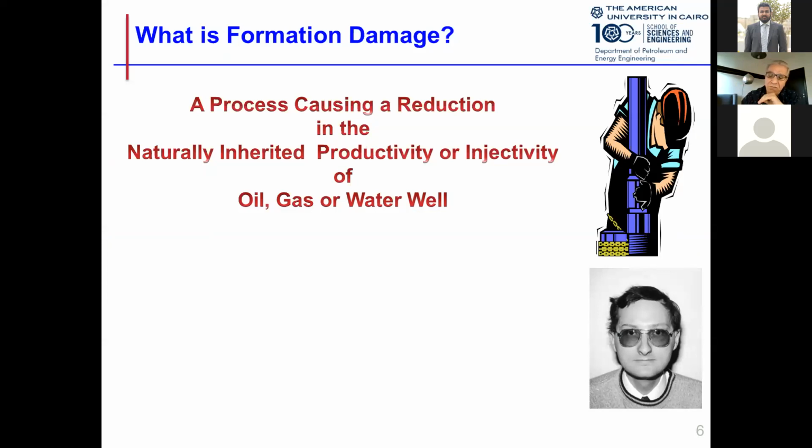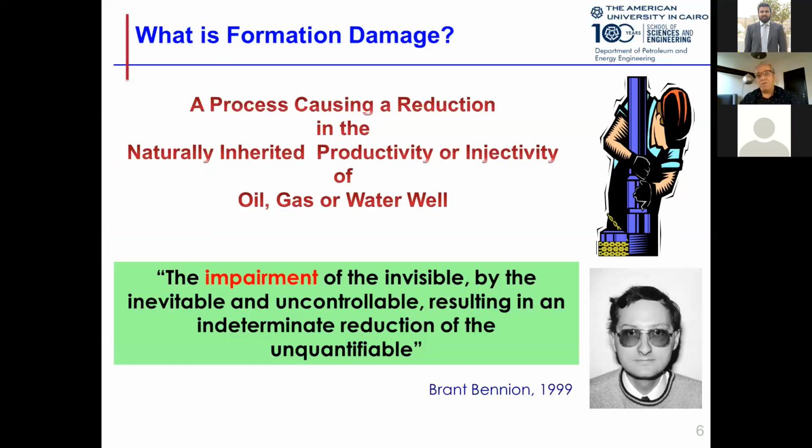Another definition for formation damage comes from the godfather of formation damage, Bryan Pinion, in 1999, who defined it in a very nice way. He said formation damage is nothing but the impairment, which means the damage, of the invisible, something that we don't see, by the inevitable and uncontrollable, something that we cannot avoid and cannot control. No one can go down to the wellbore and control the damage.